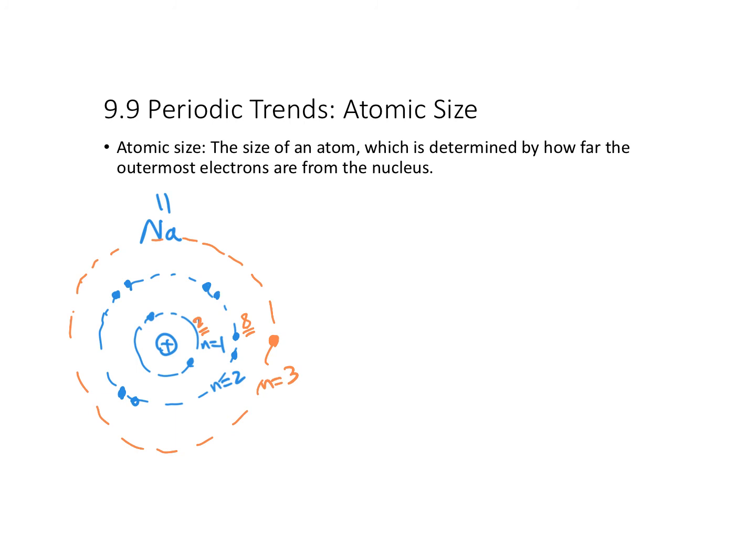Now, let me write the electron configuration for lithium. It's in the same group, as you see, right? And the atomic number is 3. So again, in n equals 1, I put 2 electrons, and then in n equals 2, I put 1 electron. Which one do you think is bigger, based on what I drew?